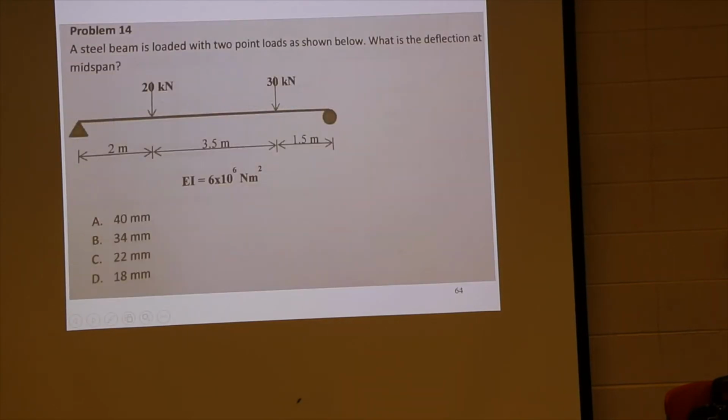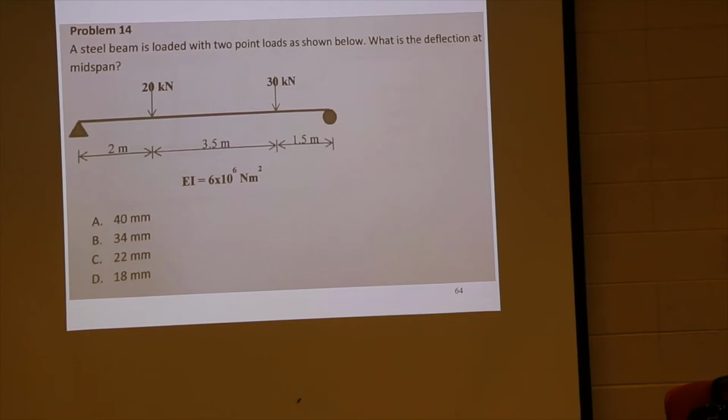A steel beam is loaded with 2-point loads as shown. What is the deflection at the midspan? Actually, you have two cases where the load is known in the middle and you want the middle span, so for both cases you're going to use the equation of the elastic curve. And the total span is 7 meters.